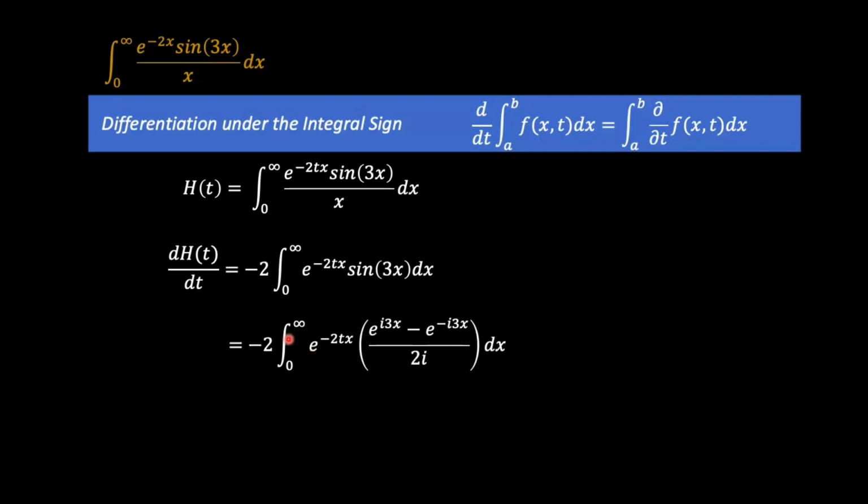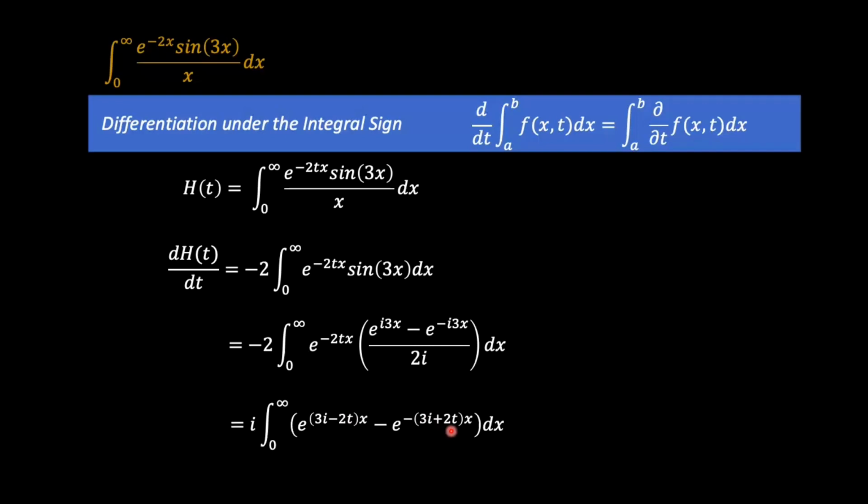Now the 2's obviously cancel, but also if you multiply both the denominator and the numerator by i, the denominator becomes -1. That cancels out with the negative next to the constant there. So essentially now we have i times the integration from 0 to infinity of e to the power (3i minus 2t)x minus e to the power negative (3i plus 2t)x.